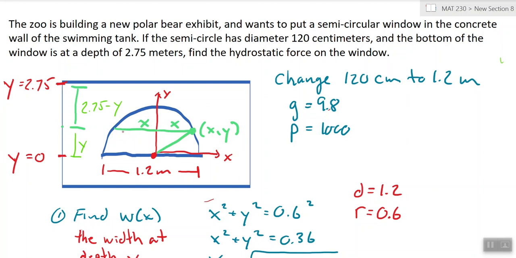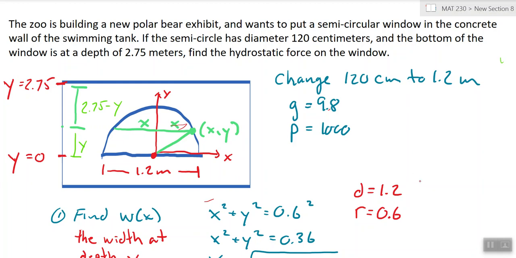That means for any given value of x here, the depth is going to be 2.75 minus y, because y is being measured from 0 up from the bottom. So it's 2.75 minus y down from the top, which would be the depth.